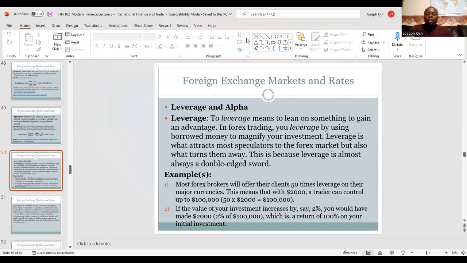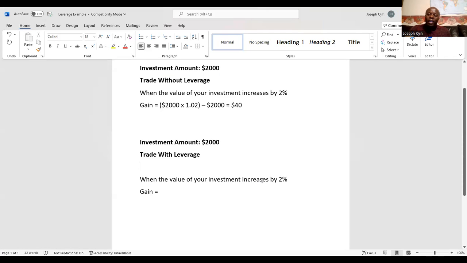So let's say that you are trading with one of the brokerage firms through an online account, say Fidelity or any of the discount brokers that you are using to trade. I mentioned some of them in my previous lecture. The amount you have is $2,000.